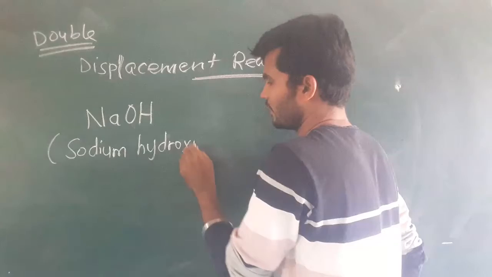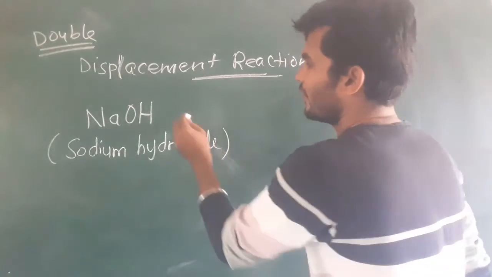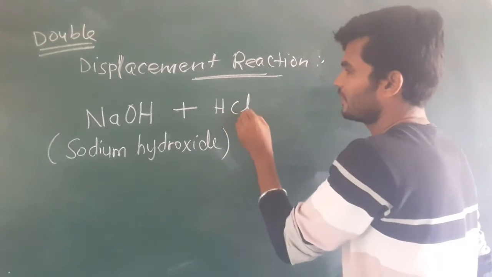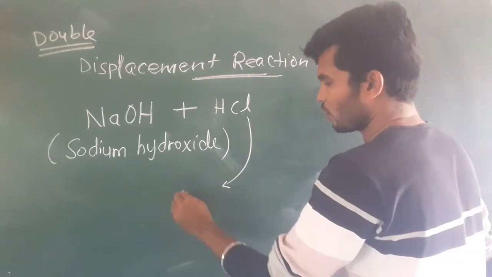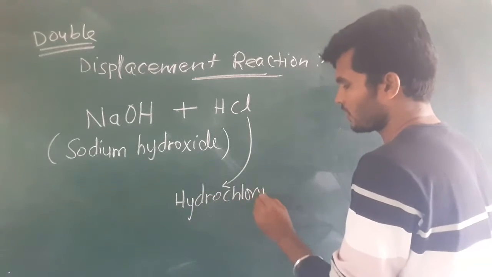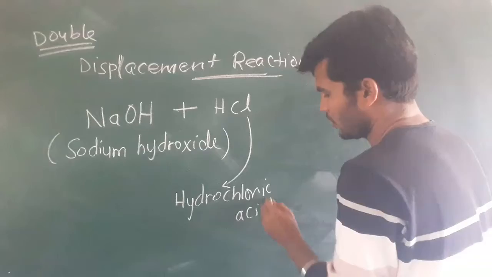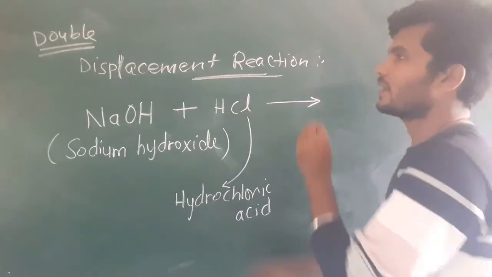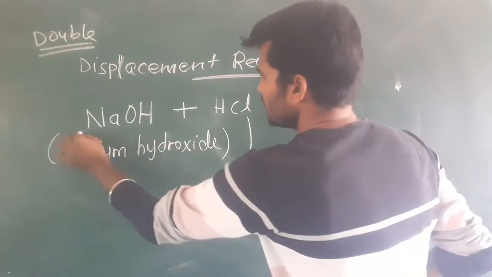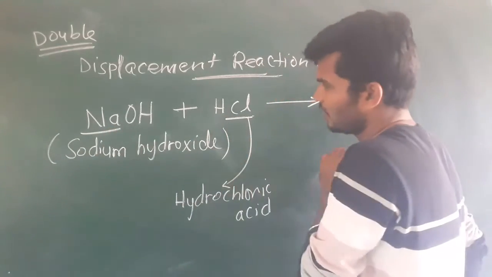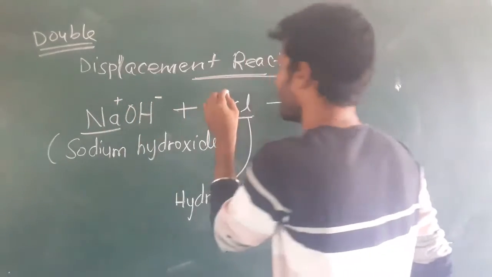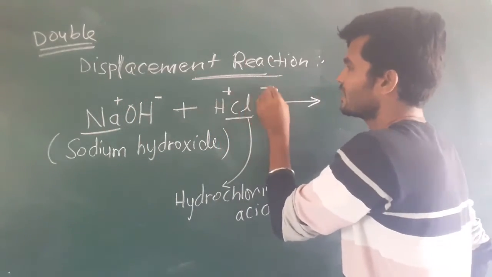And when this reacts with HCl, HCl means hydrochloric acid. So what will happen here in the double displacement reaction? Here Na is positive and OH is negative. Here H is positive, Cl is negative.